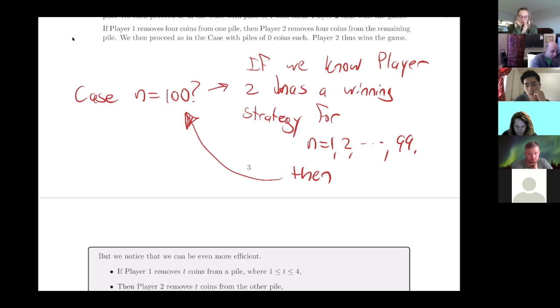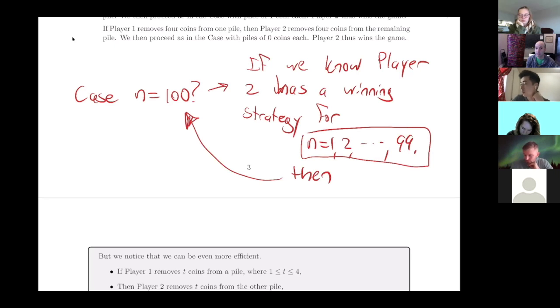Because starting with 100, no matter what player 1 does, player 2 can then put us into one of these earlier cases that they know they can win. So what's happening here is we can prove the next case as long as we know all of the previous cases were true.